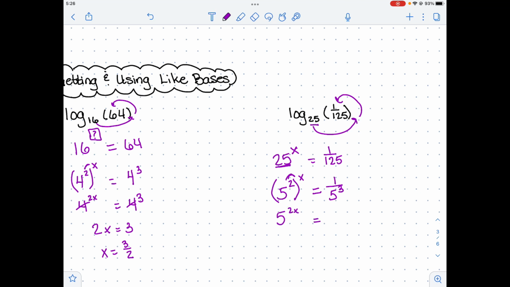And then here I need to do the inverse. So when it goes up top, the exponent becomes negative, but now they have like bases. So then they can cancel each other out, and we can set 2x equal to -3 and solve. x equals -3/2. That means log base 25 of 1 over 125 is equal to -3/2.